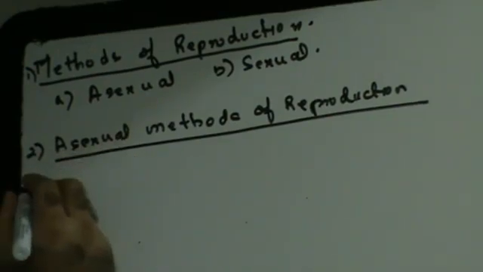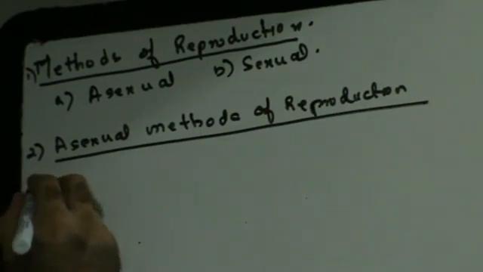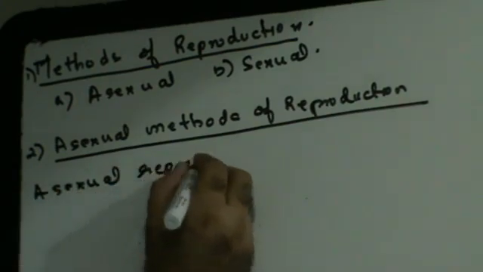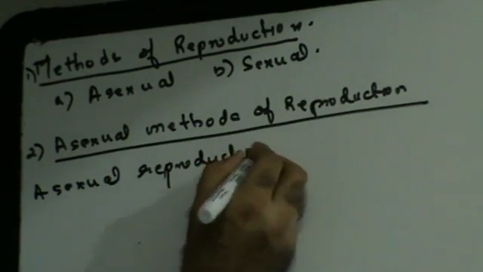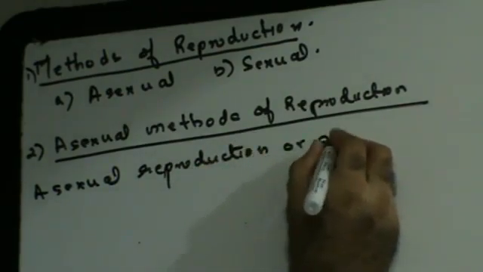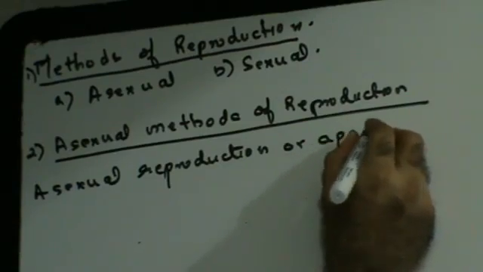First of all, what do I understand by asexual reproduction? Another word for that, you will get this in your fill-ups, is apomixis.